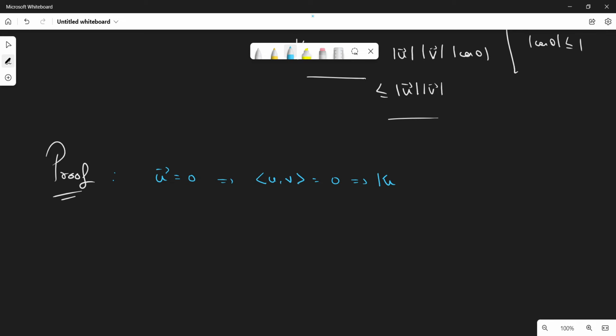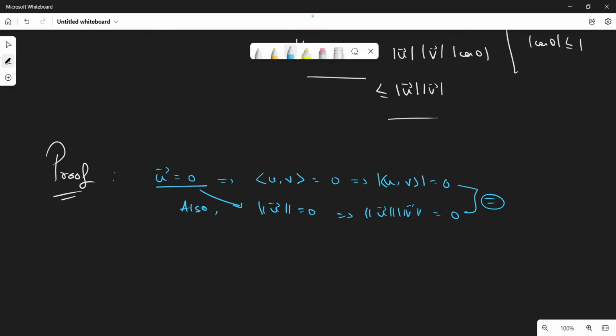So mod of inner product is equal to 0 as well. Okay. This is pretty simple. Also this implies norm of u is 0 as well, which implies norm of u times norm of v is equal to 0 as well. So here you have the case of equality, which obeys the Cauchy-Schwarz inequality, right? Because you have the equality in itself.